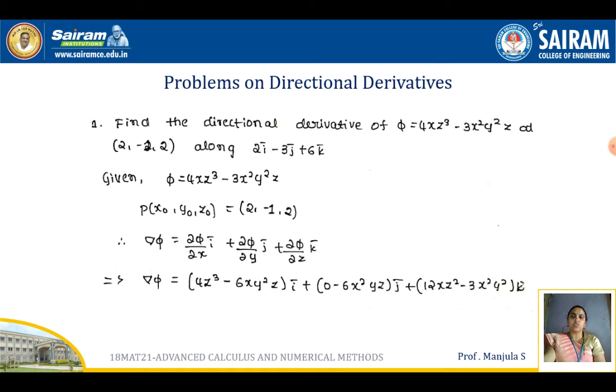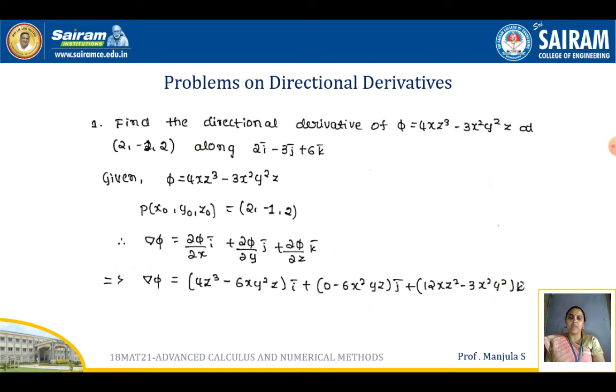First we have to find the gradient of phi. The formula is dou phi by dou x into i cap plus dou phi by dou y into j cap plus dou phi by dou z into k cap. So del phi is dou phi by dou x of 4xz cube minus 3x square y square z.